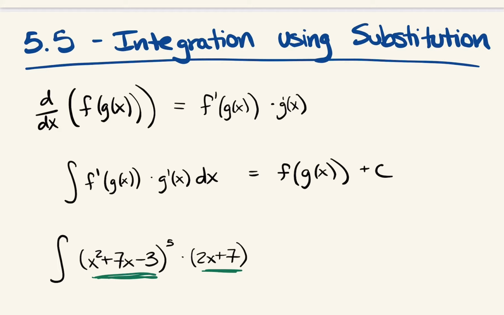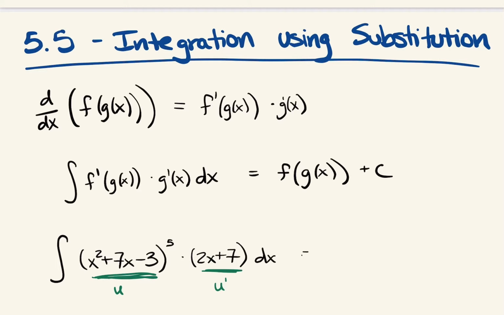So for substitution, we usually call this function u, and then this would be the derivative of that, so this would be u prime. And of course for integrating, we also need our dx, which tells us what we're integrating with respect to.